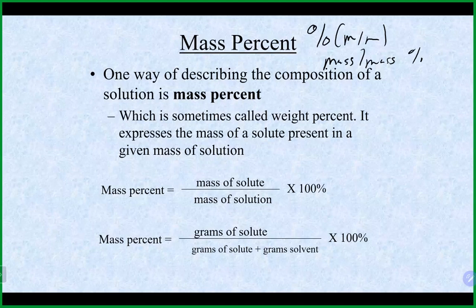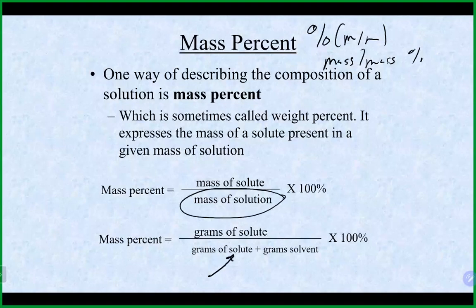The important part of this formula is the bottom number, the mass of the solution, which is made up of the solute and the solvent. So you want to make sure you get the grams of both of those things and not just the solvent.